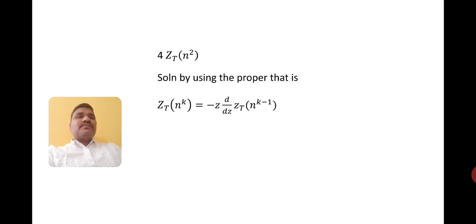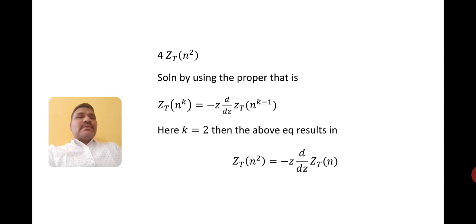Then the z transform of n square is equal to minus z d by dz of the z transform of n, since 2 minus 1 is 1. The z transform of n you know already, z by z minus 1 whole square.